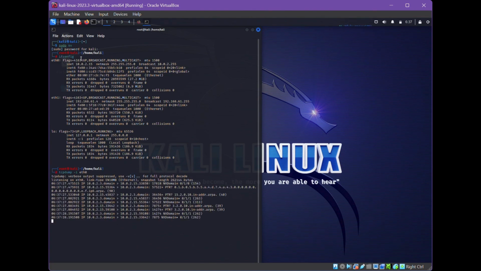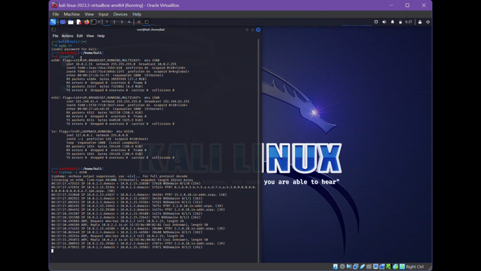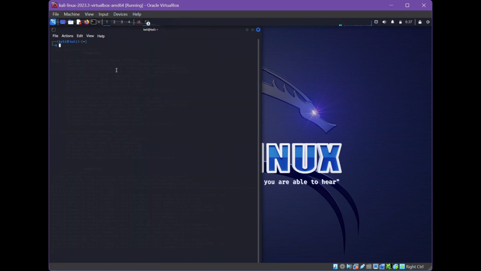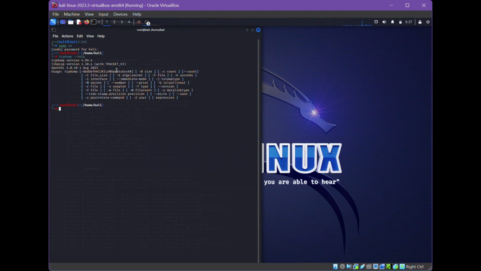Okay. So now there are also different options that we can see using tcpdump --help, where all the other options that can be used based on a requirement can be shown. These are all the other options that the tcpdump tool provides us with.